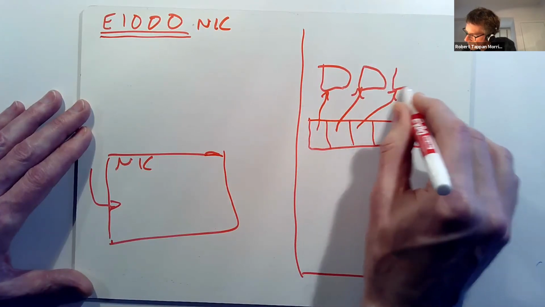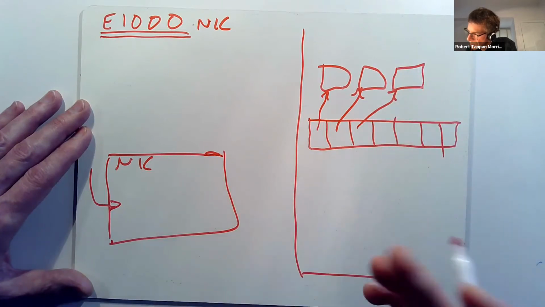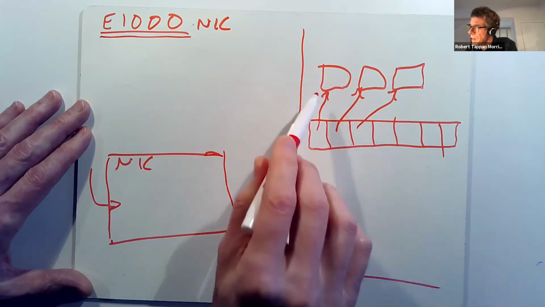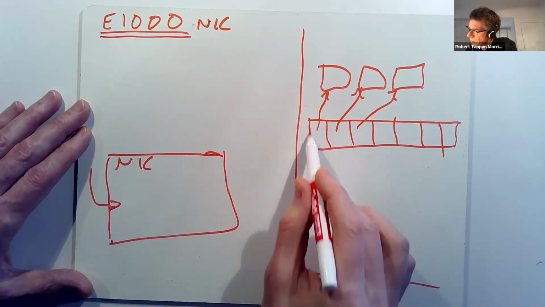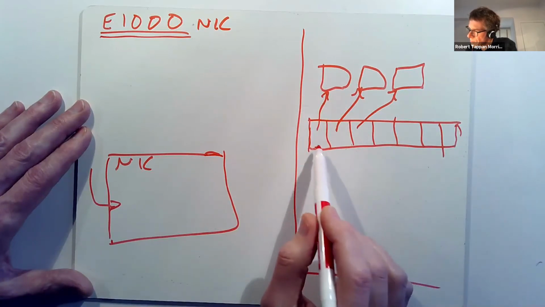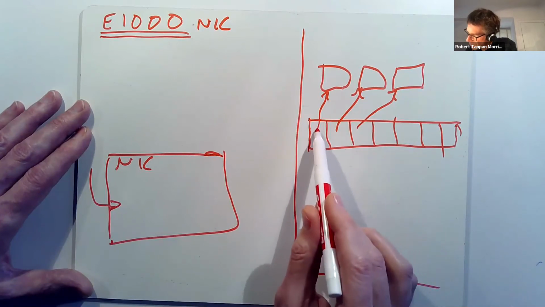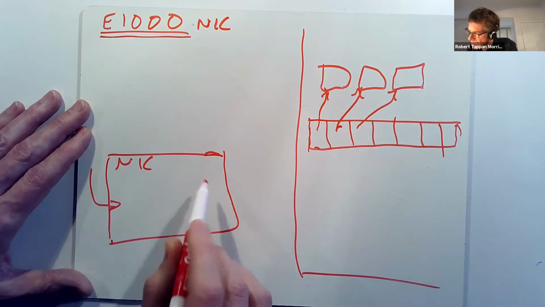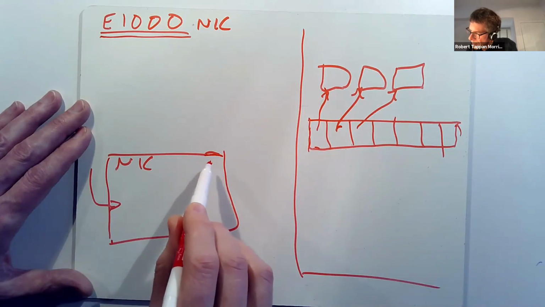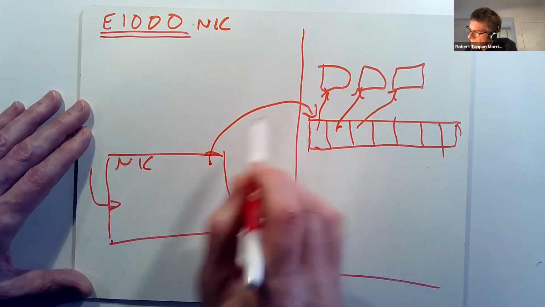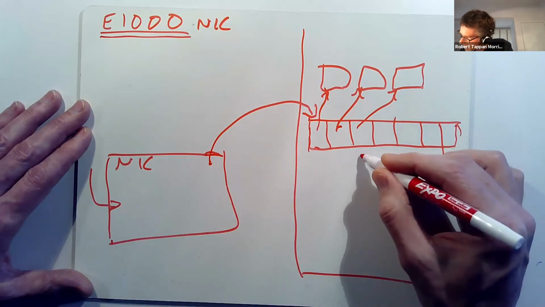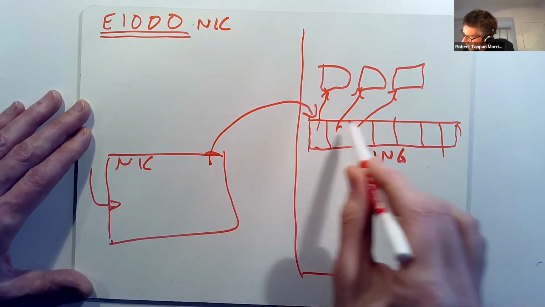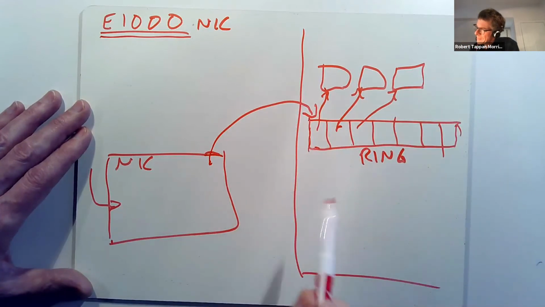So the host driver, when it's initializing the card, will allocate however many, say 16, 1500 byte packet buffers, create an array of 16 pointers, and make these pointers point to them. And then it'll tell the NIC at configuration time, look, here's the ring. This is called a DMA ring because after you've gone off the end, you start back at the beginning.